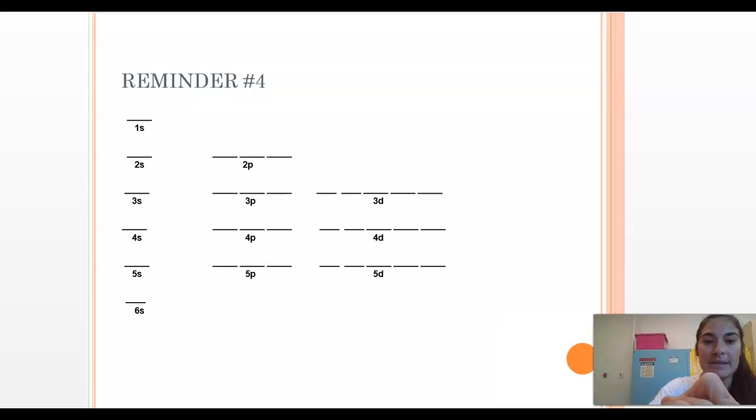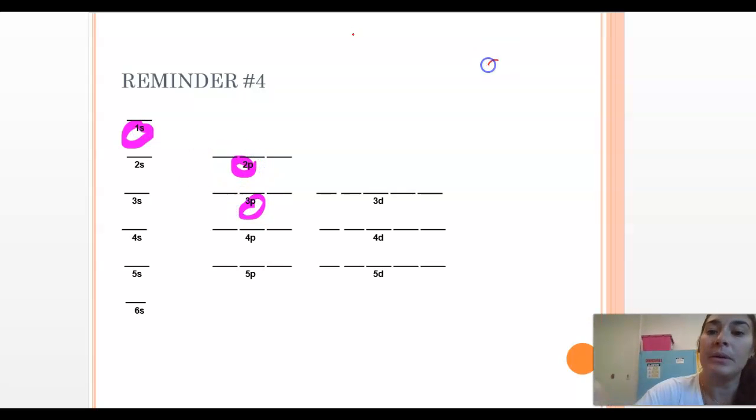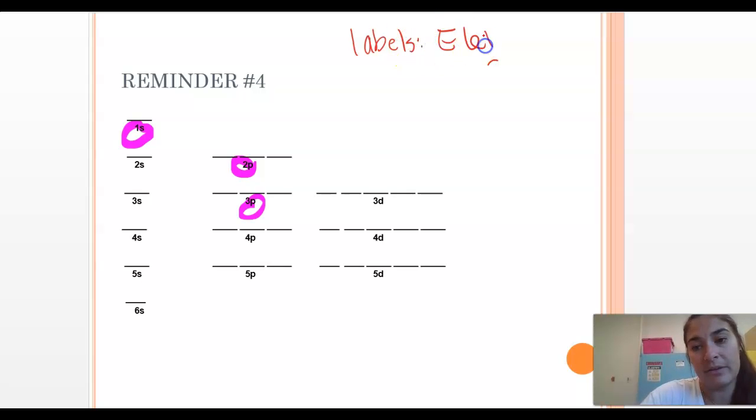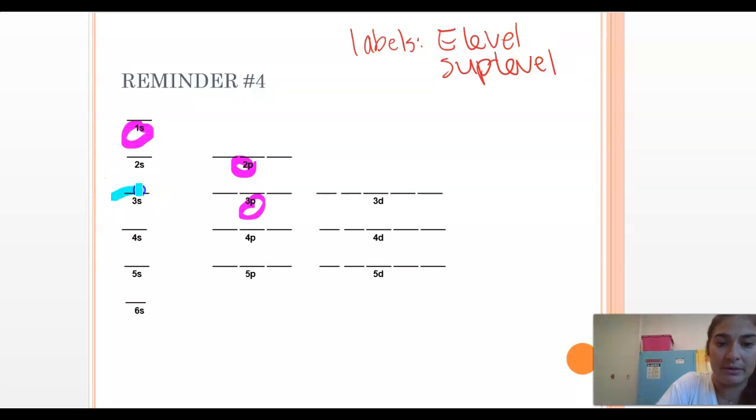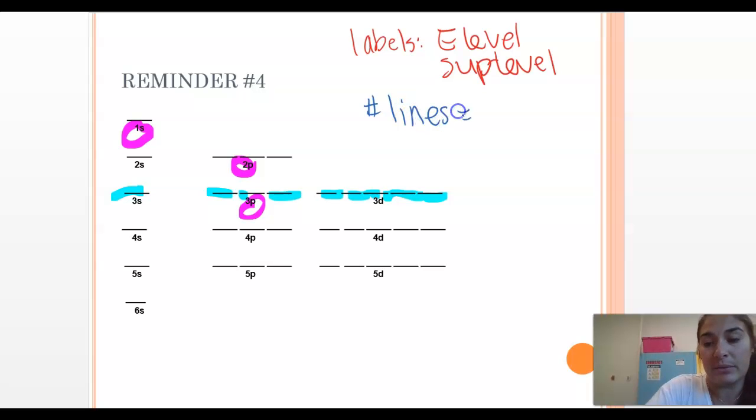Remember that your labels are going to be the energy level and the sublevel. And then the number of lines, 1 versus 3 versus 5, the number of lines equals the number of orientations.